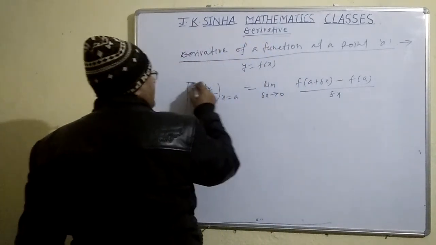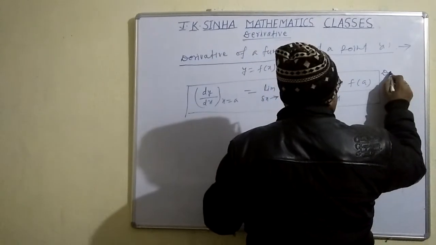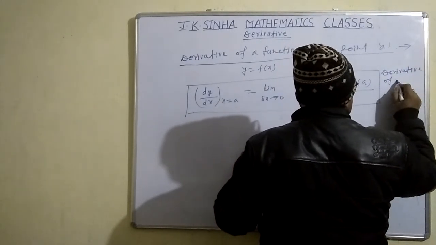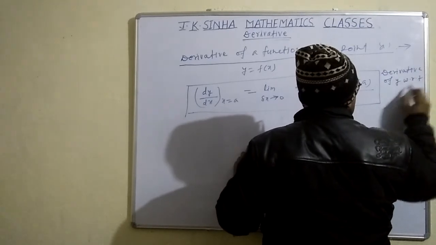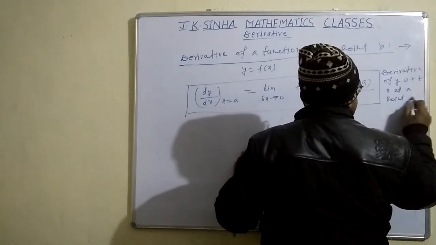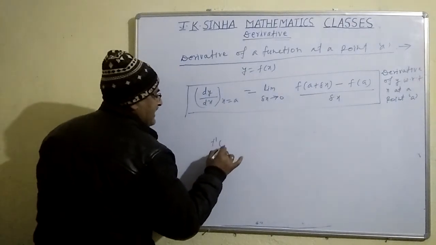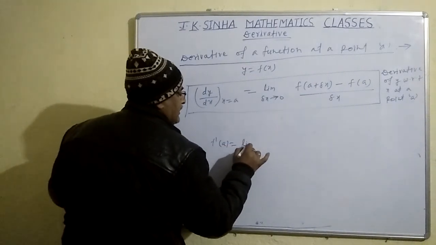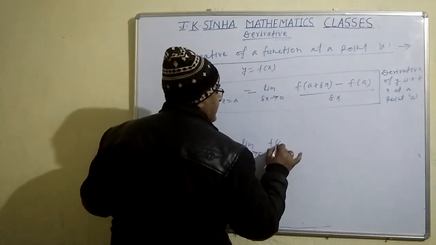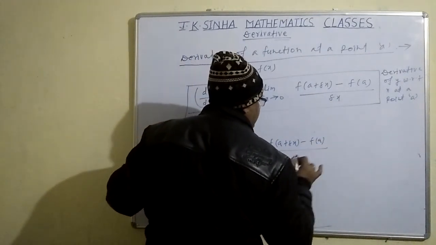It is the derivative of y with respect to x at a point A. It can also be written as f dash a equal to limit del x tends to 0 f of a plus del x minus f of a upon del x.